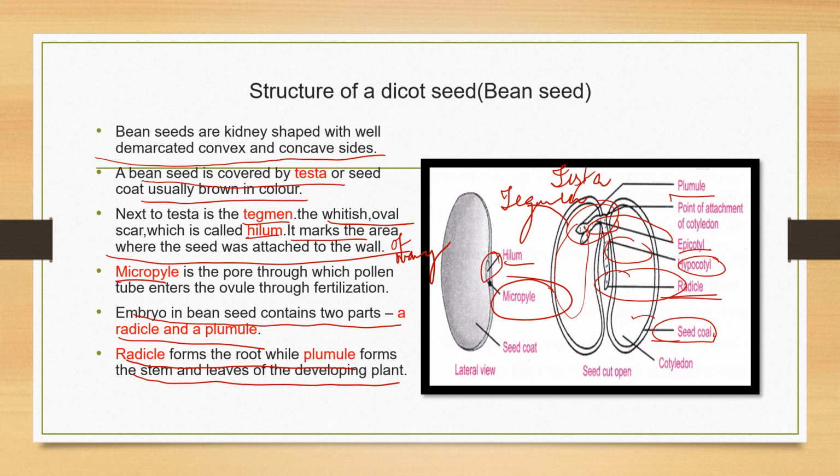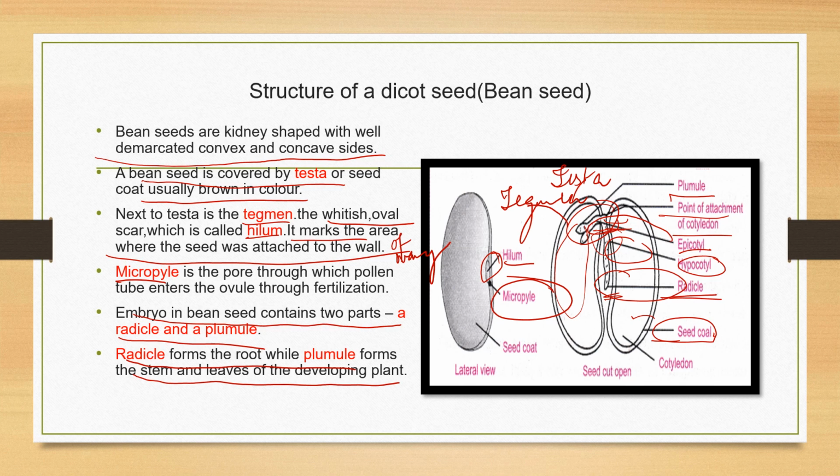The point of attachment of the cotyledons is also shown here. So this is how we discuss the structure of a dicot as well as a monocot seed. Please go through it.